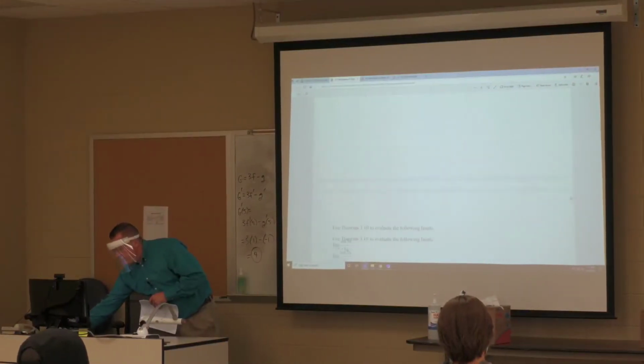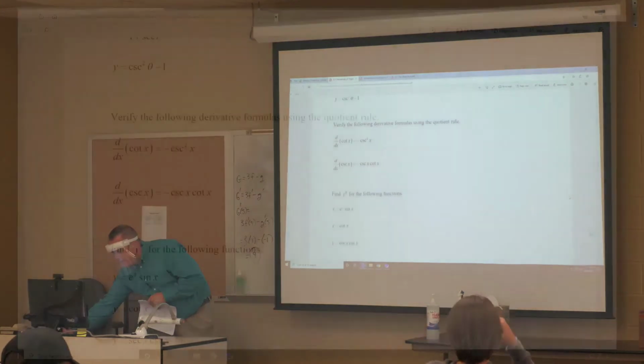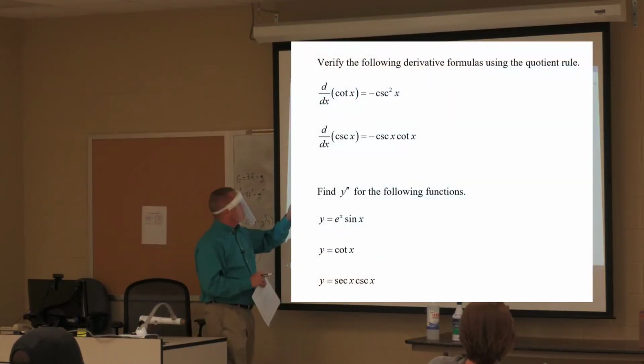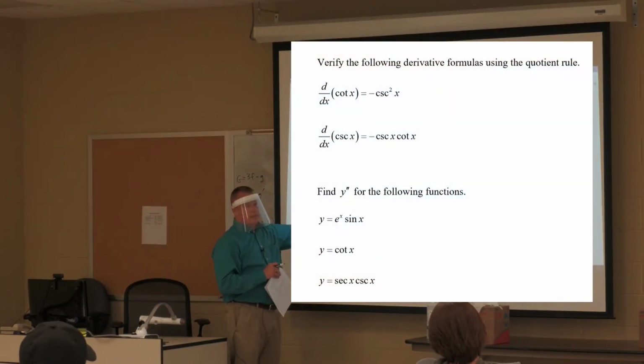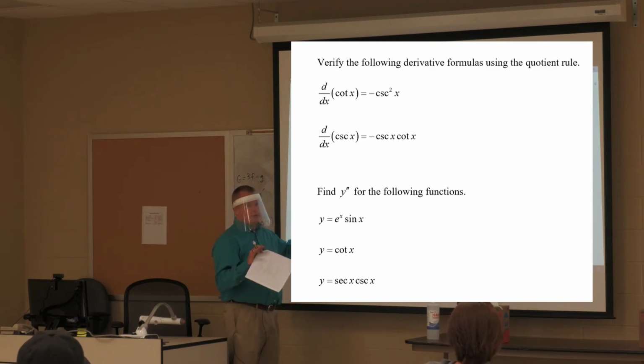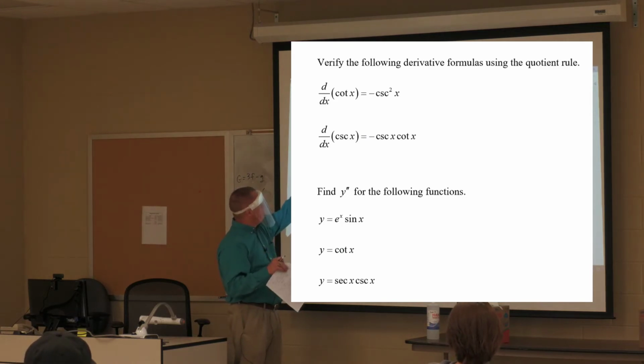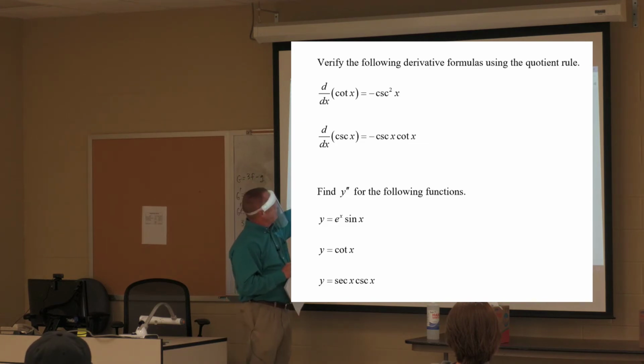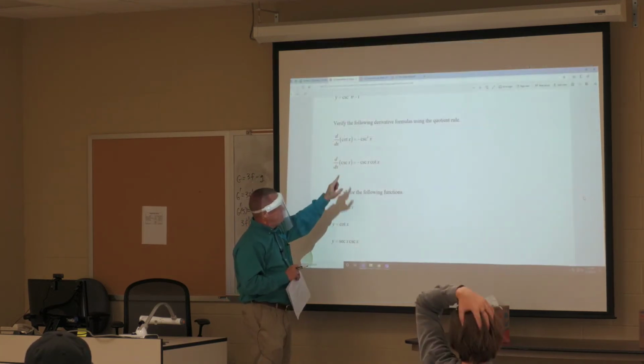There's a couple of problems here that say verify the following derivative formulas using the quotient rule. Okay, so we just memorized them, right? We memorized that derivative of cotangent is negative cosecant squared. Derivative of cosecant is negative cosecant times cotangent. All right, but we can verify that by using the quotient rule. So I won't do cotangent, let's do cosecant.